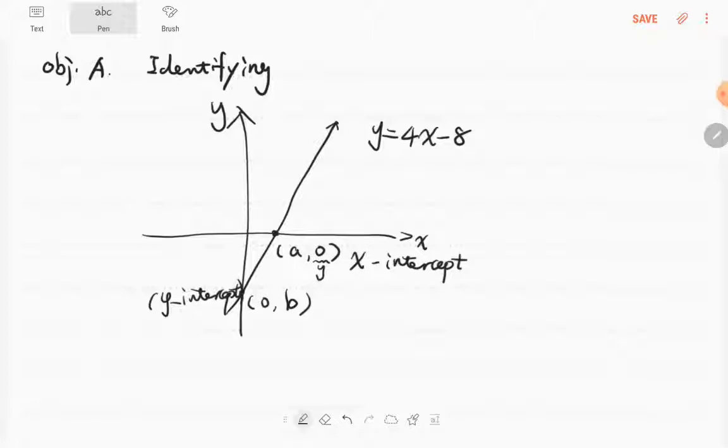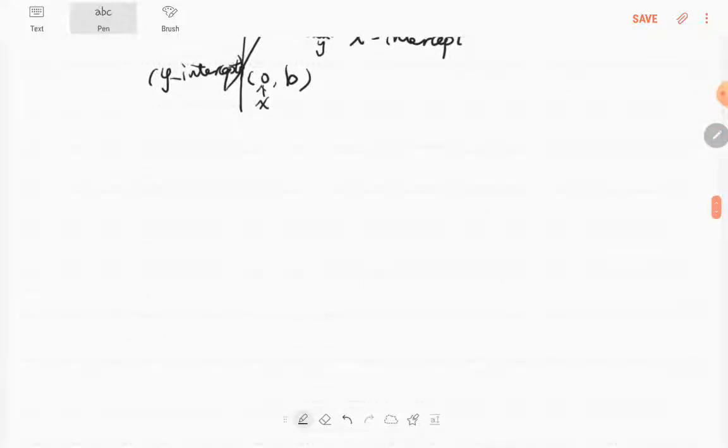And similarly, for any y-intercept, the value for x is always 0, and we have another value, b, for y. So this is just the definition of intercept. We can have an x-intercept and a y-intercept. If we are given a straight line, we should know how to find the x-intercept and the y-intercept. So let's check some examples.